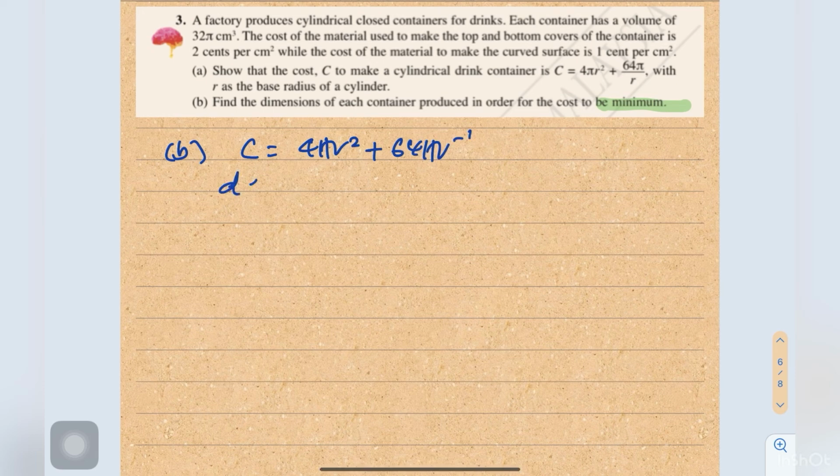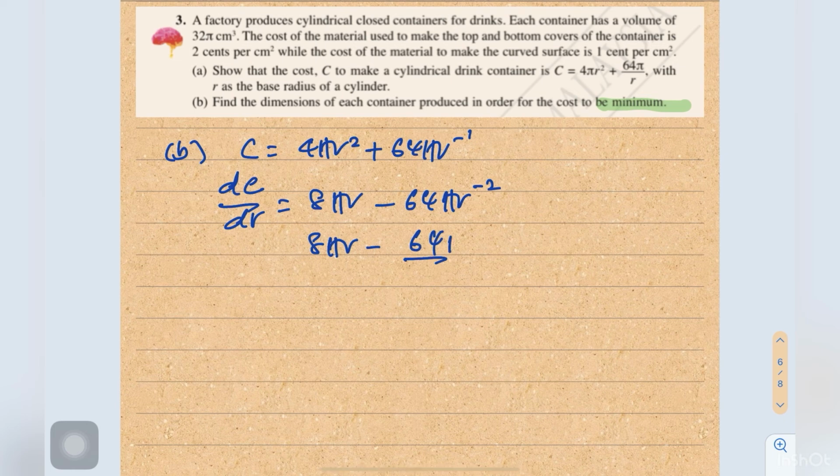We get dC/dr equals 8 pi r minus 64 pi r to the power of -2, equals 0.